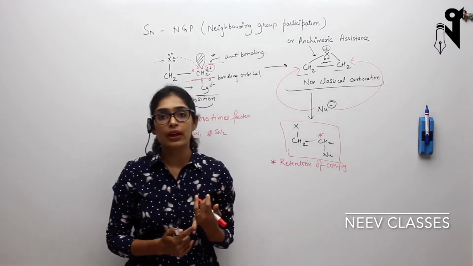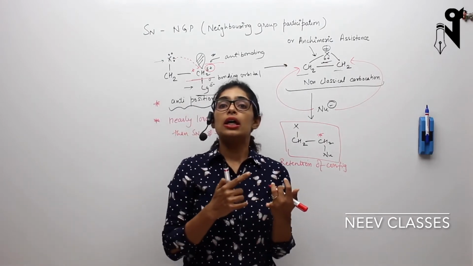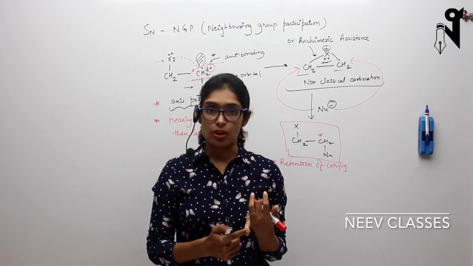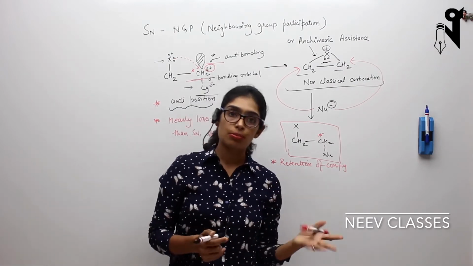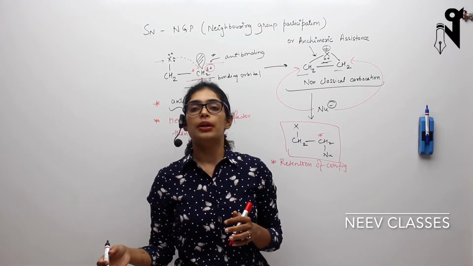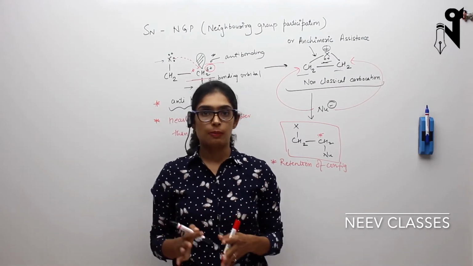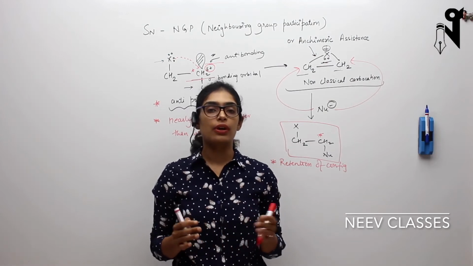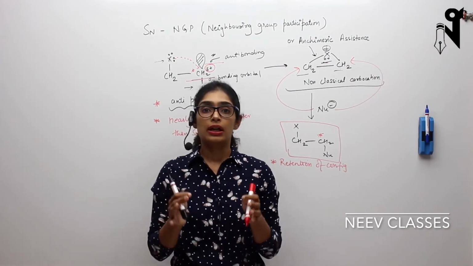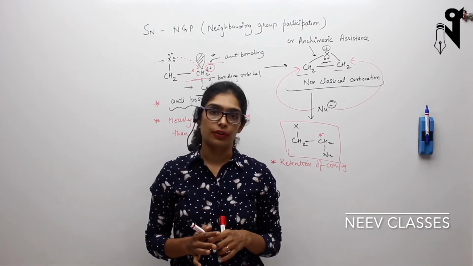In SN1, we have learned that racemization will happen. We will have retention products also, and inversion products also. When we talk about SN2, complete inversion takes place, whereas in SN-NGP we will have complete retention of configuration.